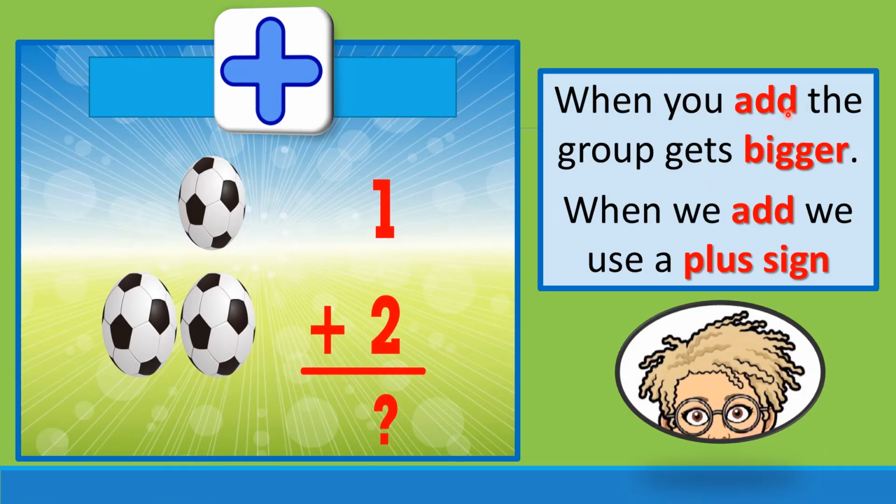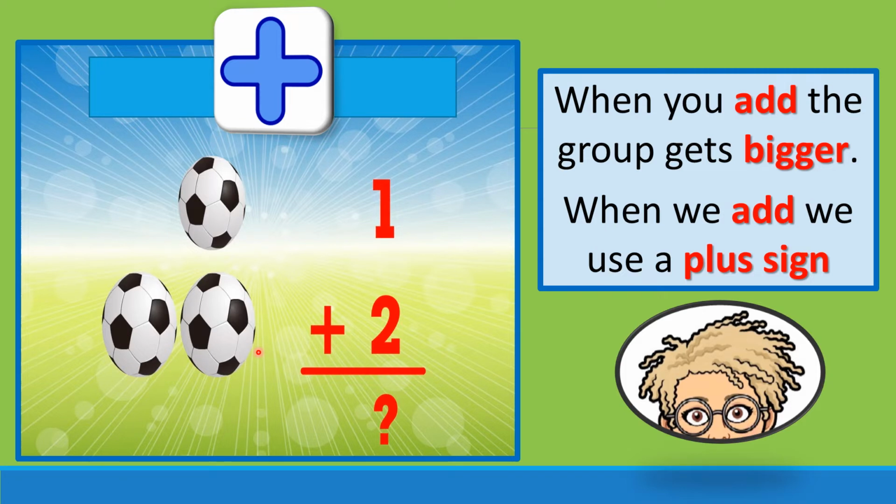When you add, the group gets bigger. When we add, we use a plus sign. Do you remember what the plus sign looks like? We also should remember that adding means to count the entire group all together. In this case, we see one soccer ball and we see two soccer balls.